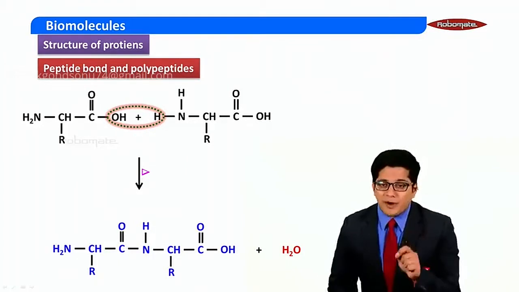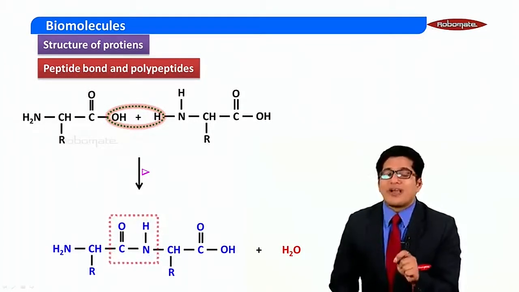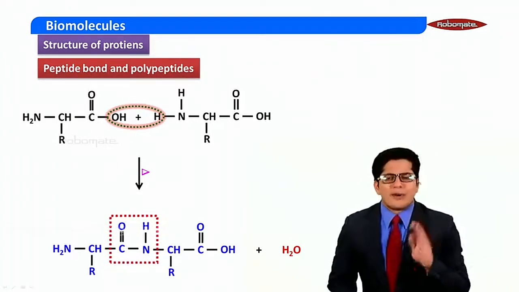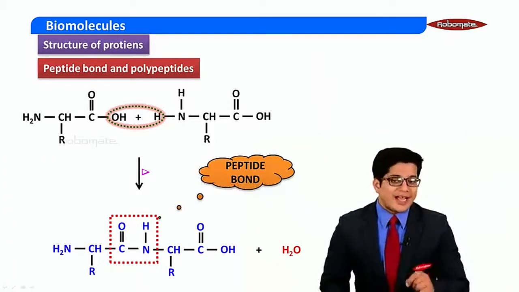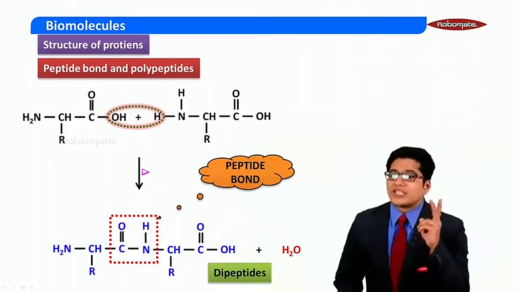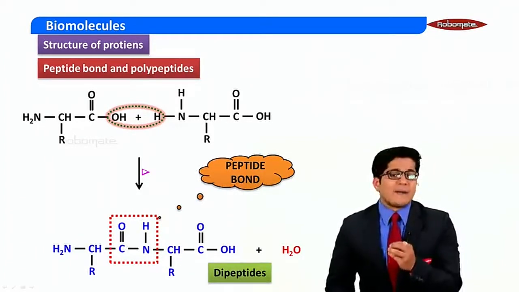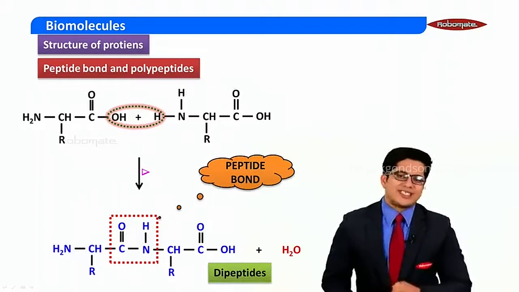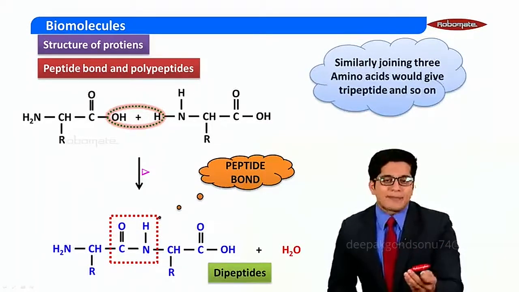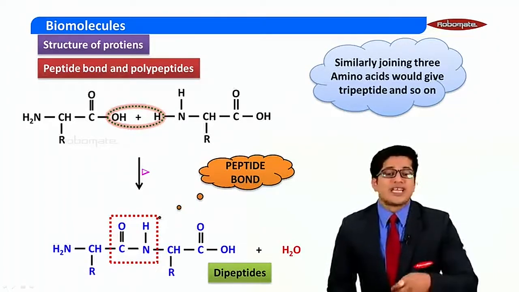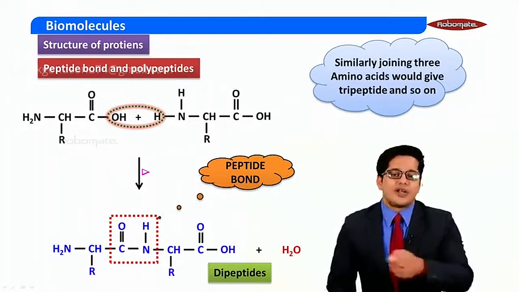Now the bond, that is C double bond O, NH, is referred to as a peptide bond. As in this case you are using two molecules, you get a compound called a dipeptide. Similarly, if you use 3, you would get a tripeptide. If you use 4, you would get a tetrapeptide, and so on.